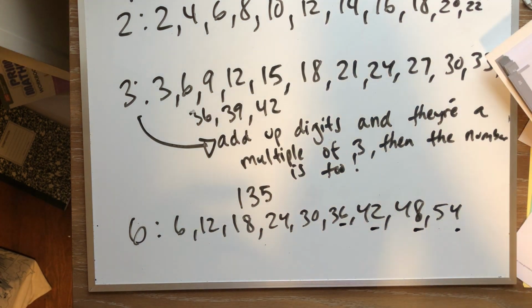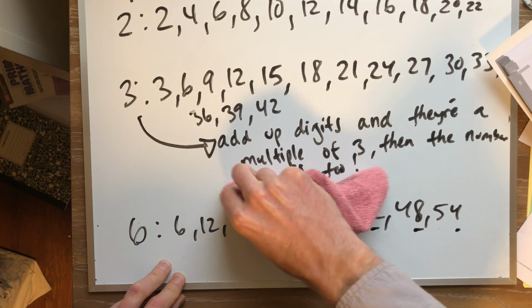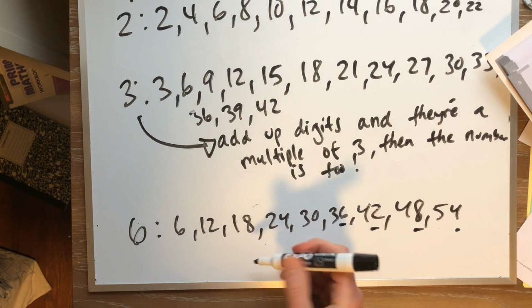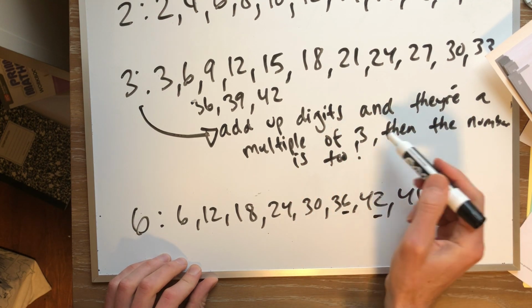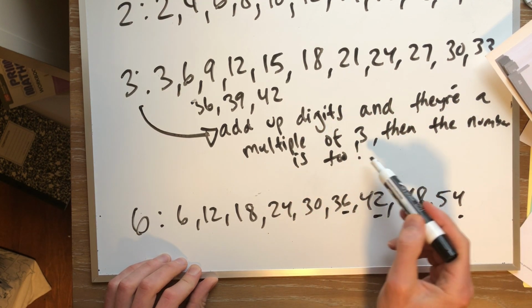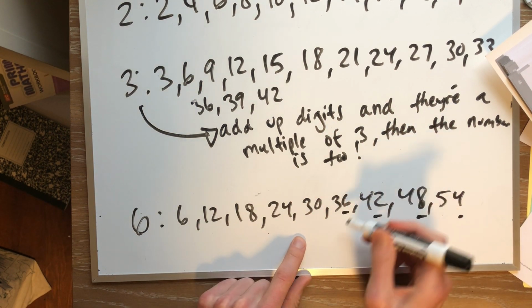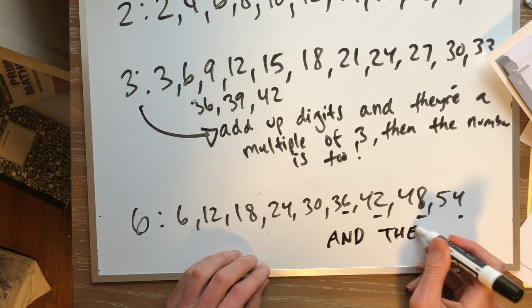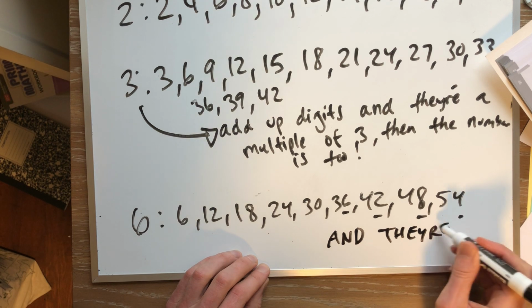So multiples of 6, you add up the digits and they're a multiple of 3, and they're also even.